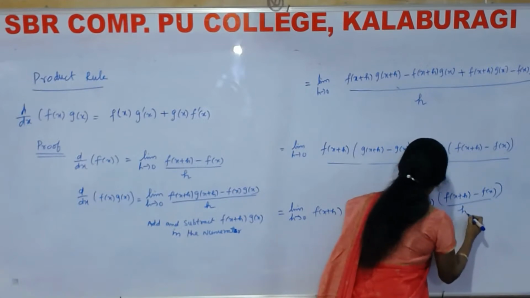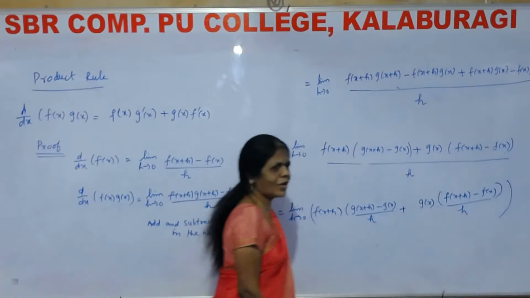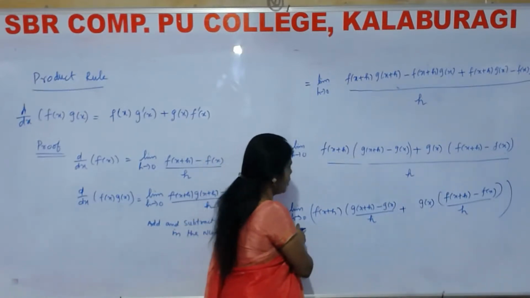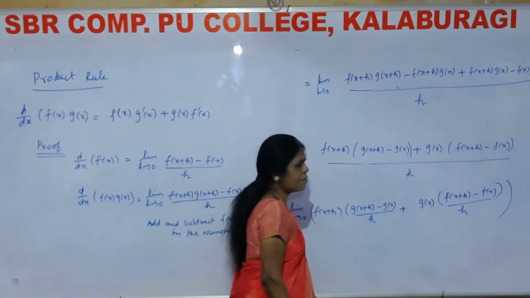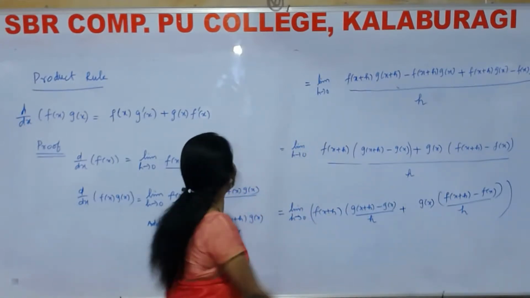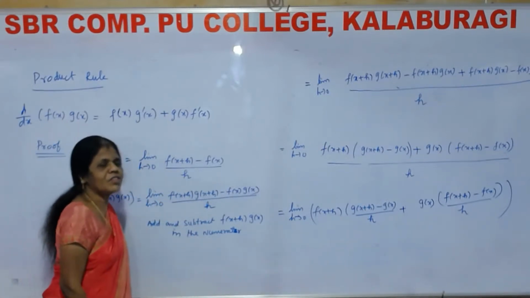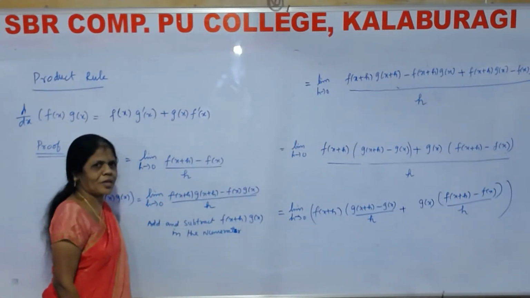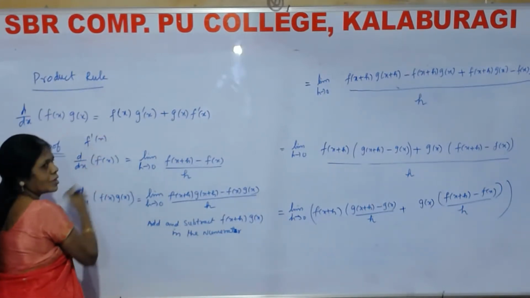This limit h tends to 0 is common for both. What is limit h tends to 0 of g of x plus h minus g of x by h? It is g dash of x. And what is d by dx of f of x? f dash of x.